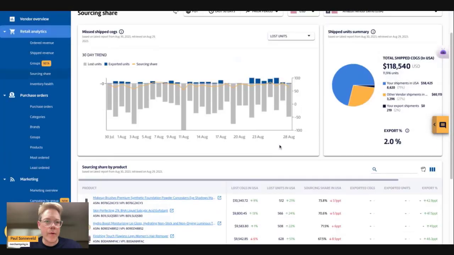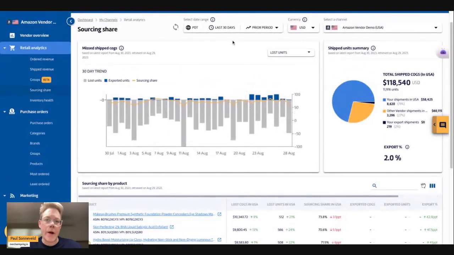Now, I would be remiss not to talk a little bit about Europe, where you do have to be careful with interpreting this data, particularly if you're a client or a vendor that is part of the PIX program. This is where Amazon will ask you to move inventory to, say, Germany and the UK, and then Amazon will do the fulfillment and distribution to all the other countries within Europe.